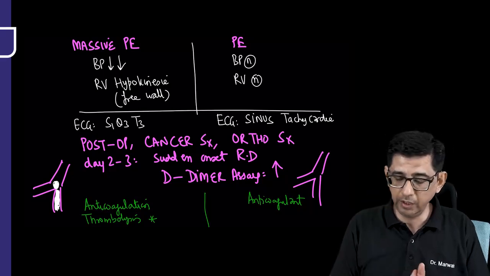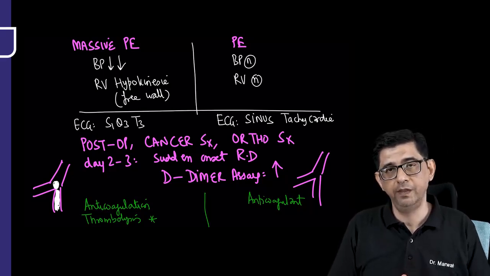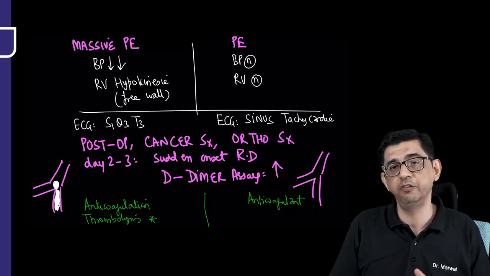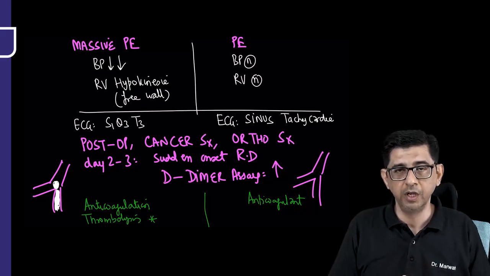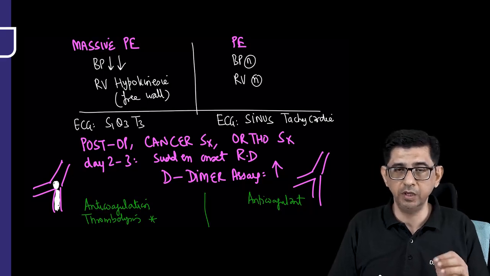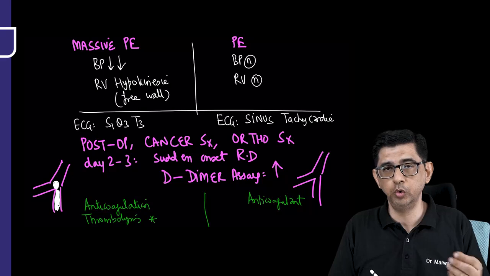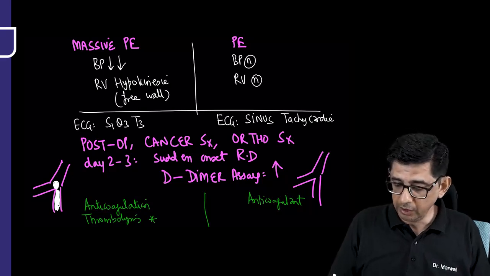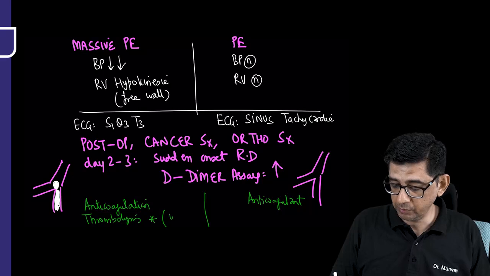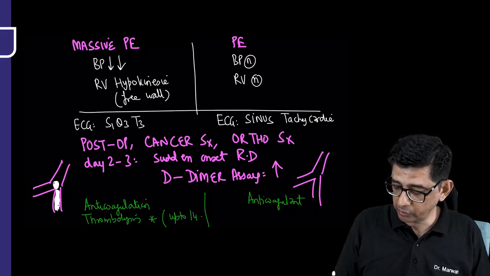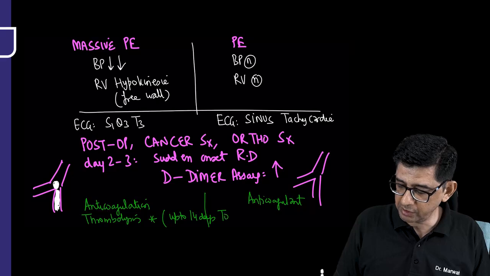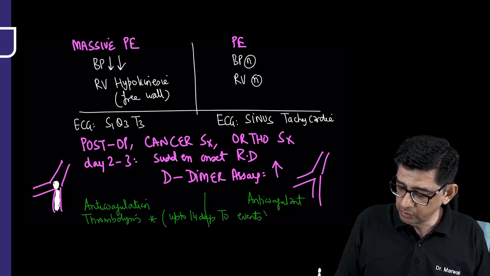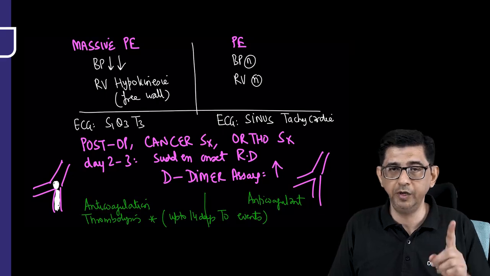Now you're aware of 3 indications for doing thrombolysis. That's acute ischemic stroke, where the window period is 4.5 hours. We can be doing thrombolysis even in MI, ST elevation MI. The door to needle time is 30 minutes, and thrombolysis in massive pulmonary embolism can be done up to 14 days of the event. I repeat the statement. In acute ischemic stroke, it is 4.5 hours, explained in neurology.